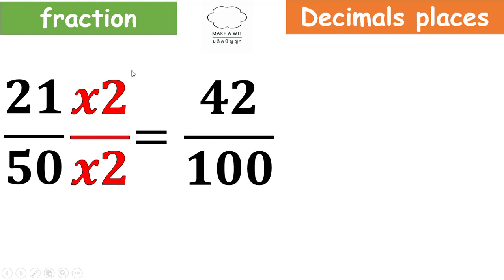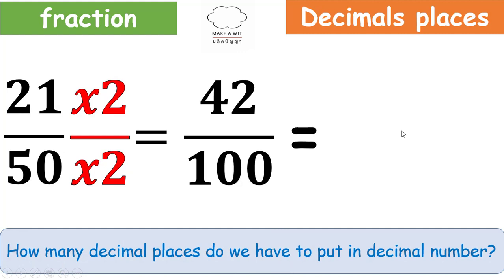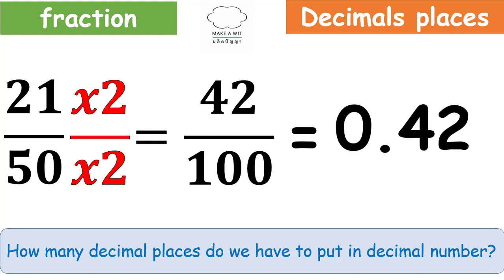Right now you can change this fraction to a decimal. There are 2 zeros, so we write number 42 and count from the back to the front. It equals 0.42.